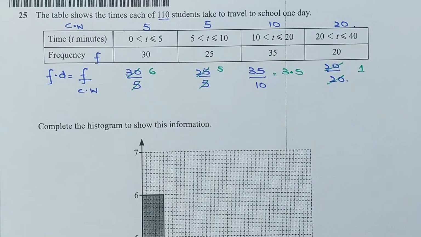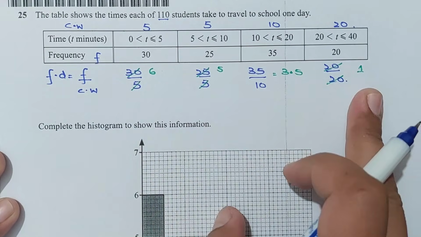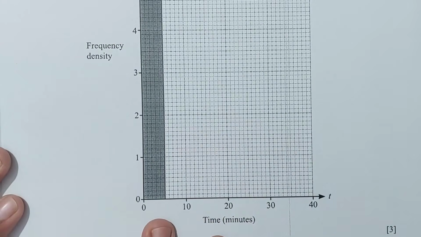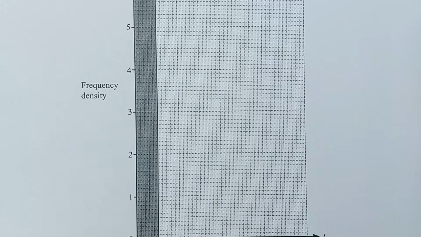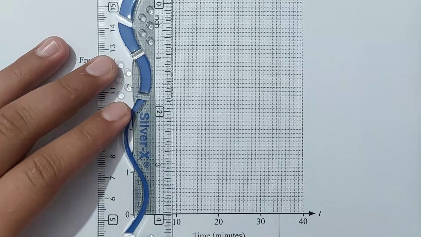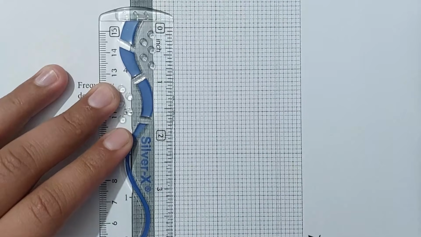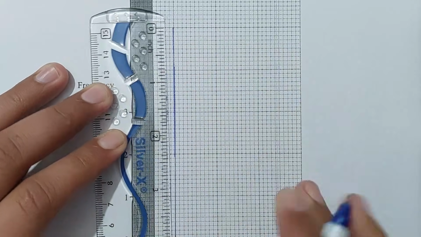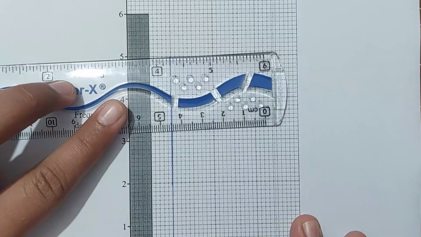Okay, let me draw these: 6, 5, 3.5 and 1. The 6 is already done between 0 to 5. You can see 0 to 5, the frequency density is 6. Now 5 to 10 is 5. This is just 5.